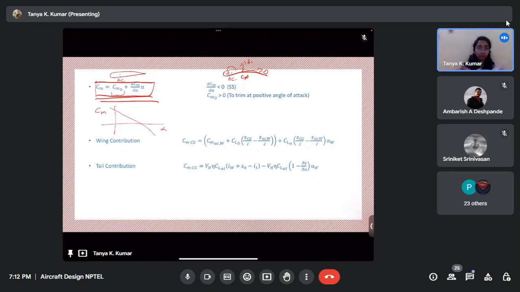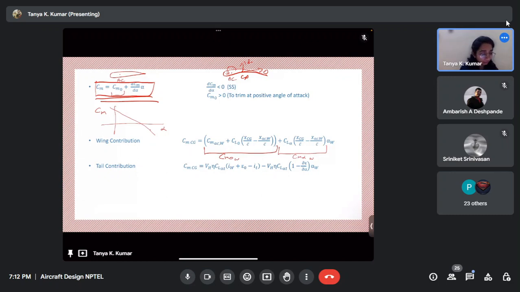I've just split it into terms that are dependent on alpha and terms that are independent of alpha. So this is the Cm naught contribution of the wing, and this is the Cm alpha contribution of the wing. Now we want our Cm alpha to be negative. Just look at the Cm alpha wing and tell me if it will be positive or negative.